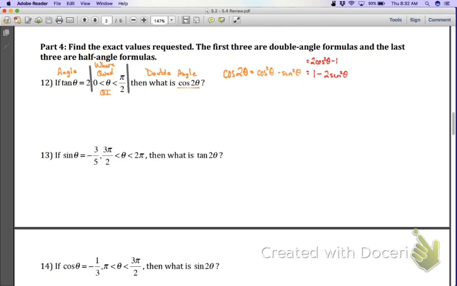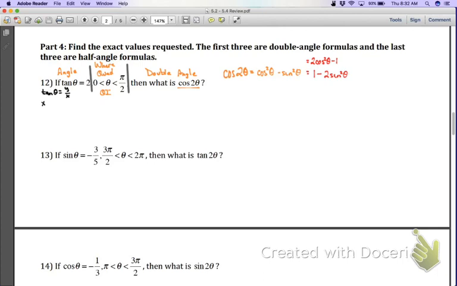So if it's tangent, just like I did with the sum and the difference angles, I still want to figure out what x, y, and r are, because I'm going to need them to find cosine of theta and sine of theta. If tangent is 2, remember that tangent of anything is just y over x.